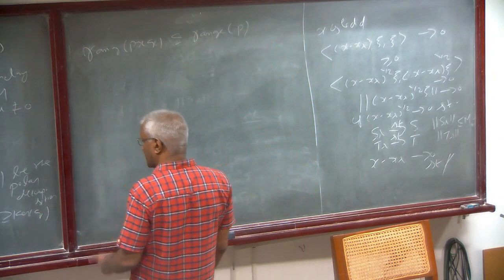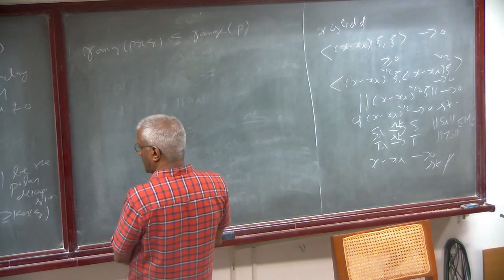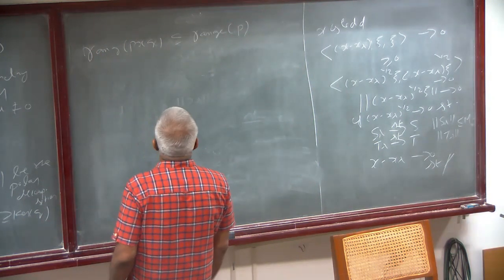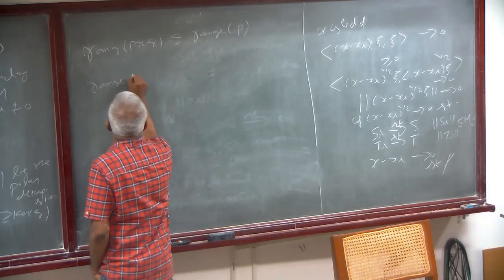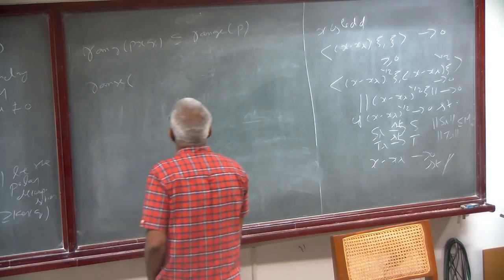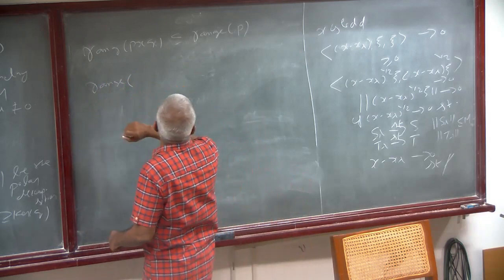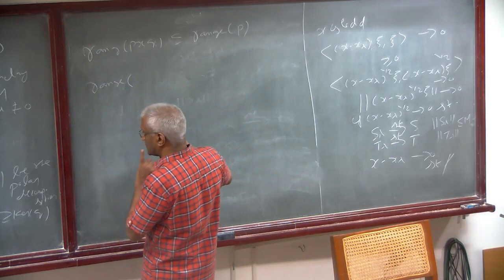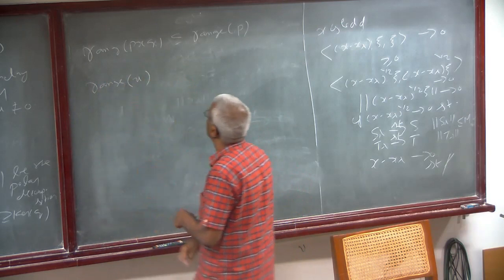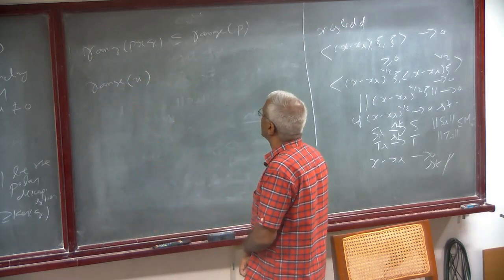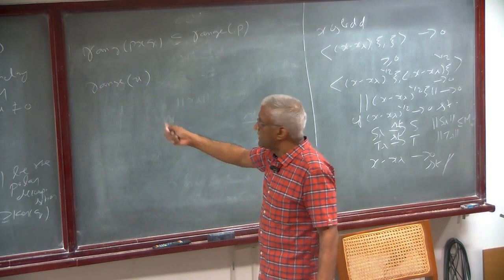The range of P contains the range of U, right? Which is kernel perp of U star, right?